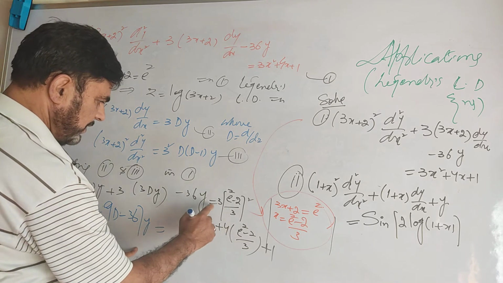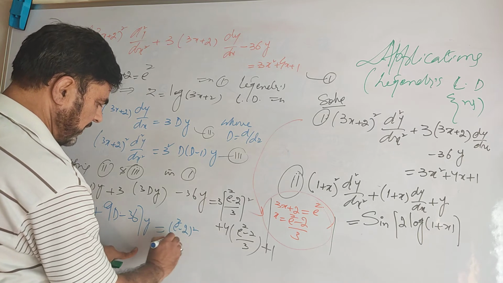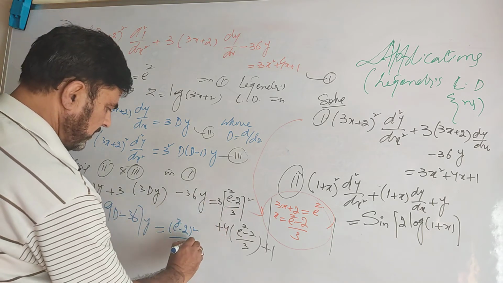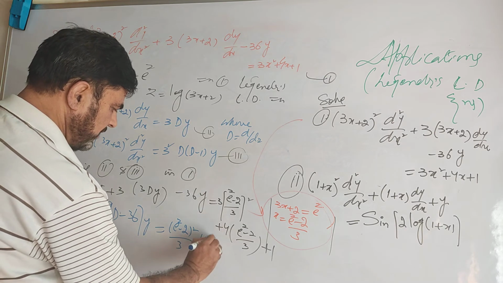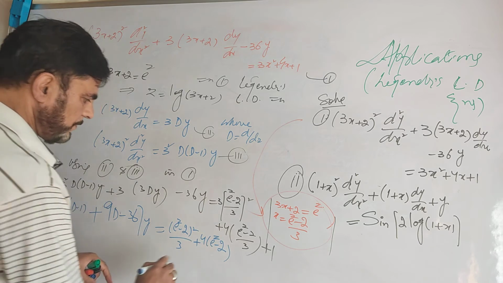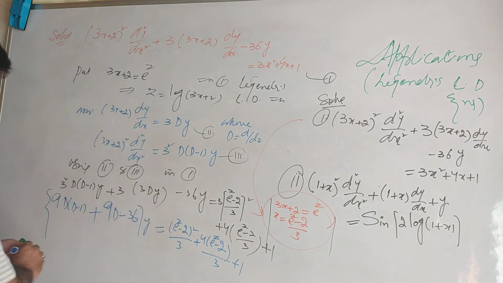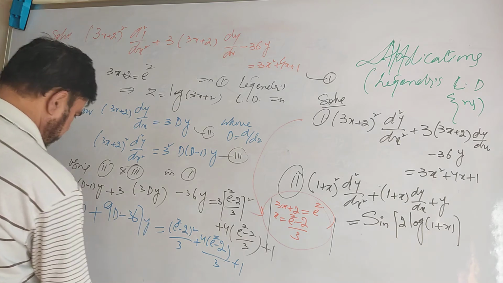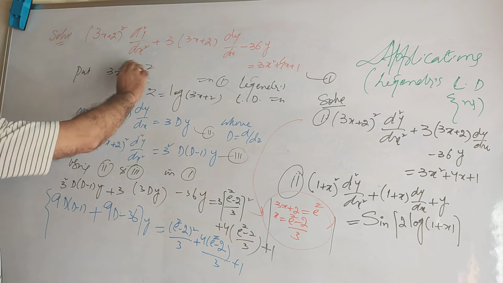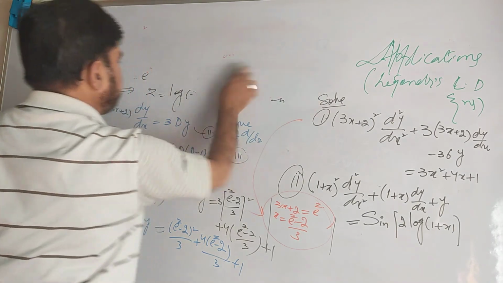It is (e raised to power z minus 2) square by only 3, because the 3 square gets cancelled, plus 4 times (e raised to power z minus 2) by 3 plus 1. I will just simplify this. I can take a 9 here.